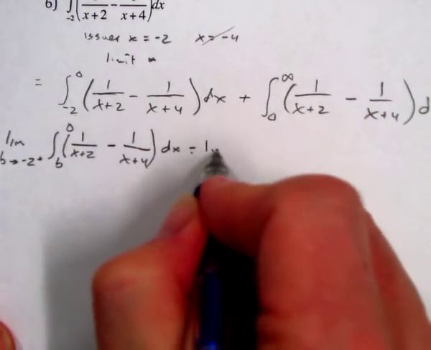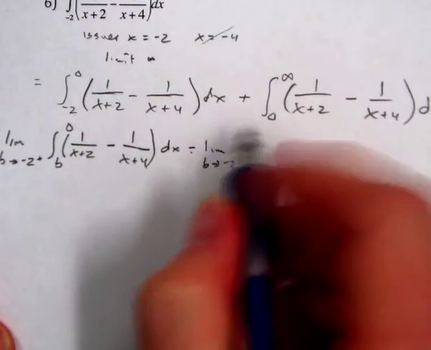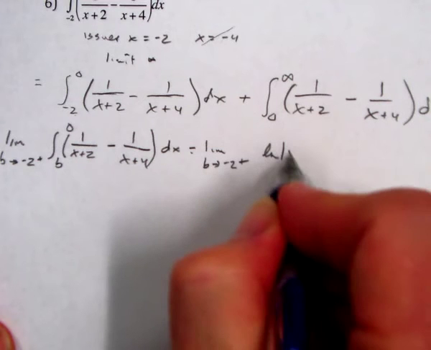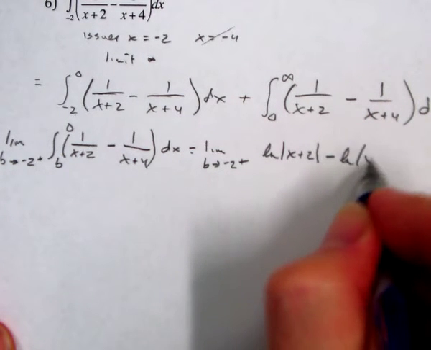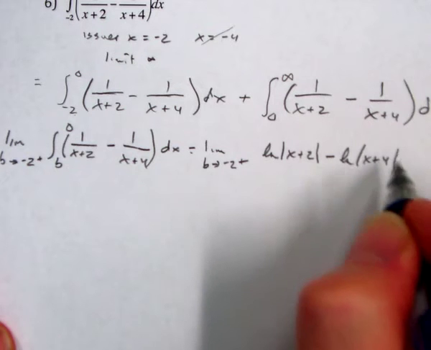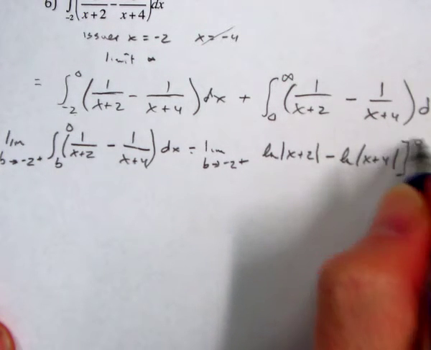Go ahead and find the antiderivative of each one of them. So the antiderivative will be ln of the absolute value of x plus 2 minus ln of the absolute value of x plus 4. And we're going to evaluate that from b to 0.